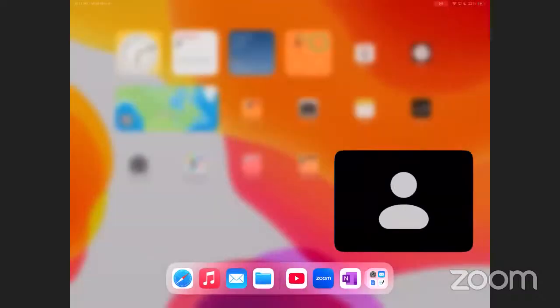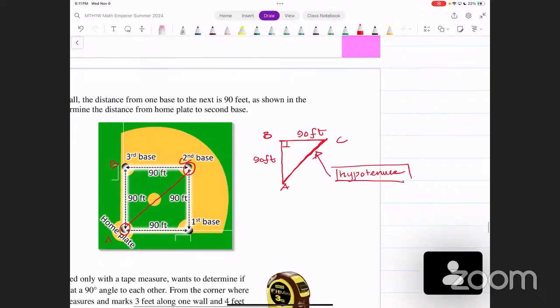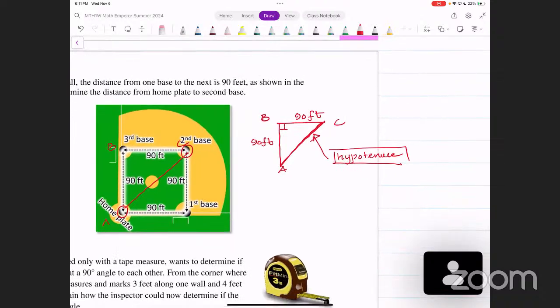All right, can anyone else online tell me what AC is called? Hypotenuse. Yes, hypotenuse. So this is known as the hypotenuse. Now we know the Greek guy talked about the Pythagorean theorem to find the hypotenuse.